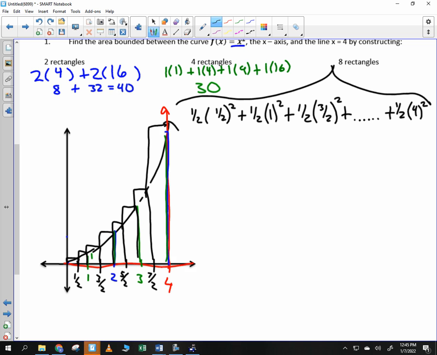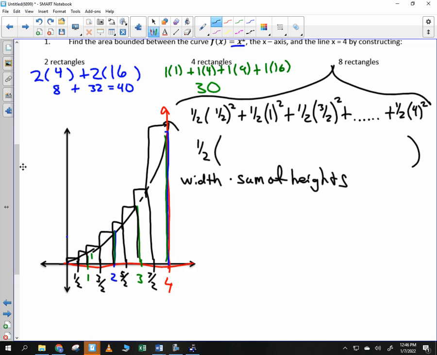You see that? So really, it's 1/2 times the sum of the heights. Or in other words, it will be the width times the sum of the heights. So instead of doing the 1/2 every time, we could really just do it once. Does that make sense? We've made it simpler, haven't we?